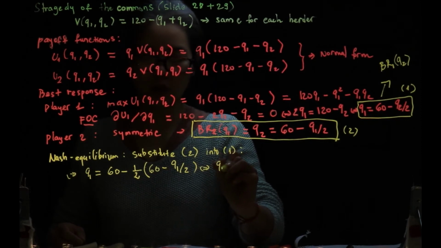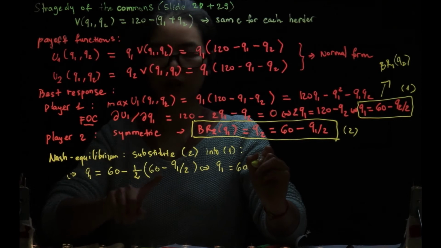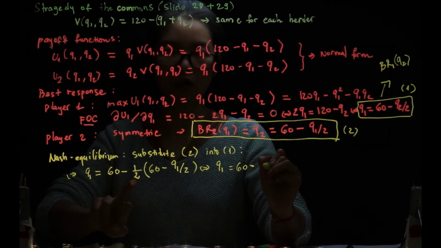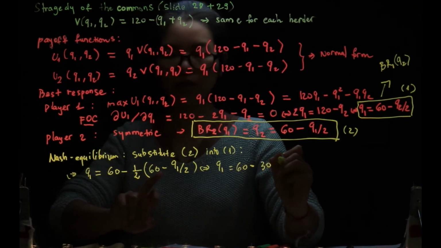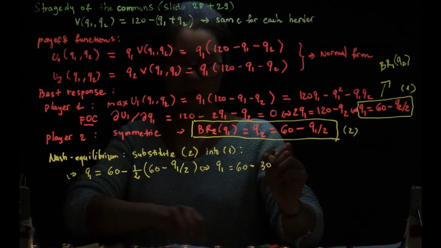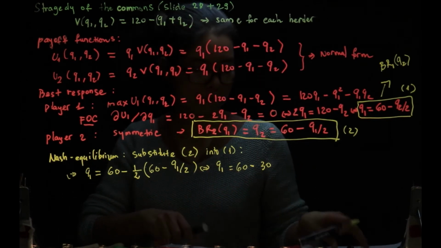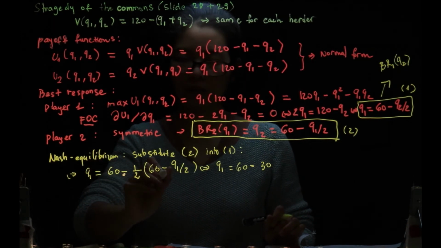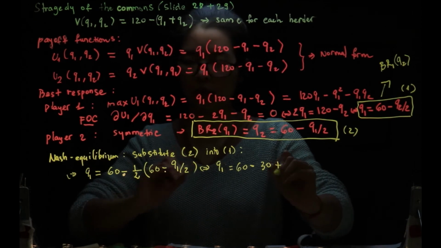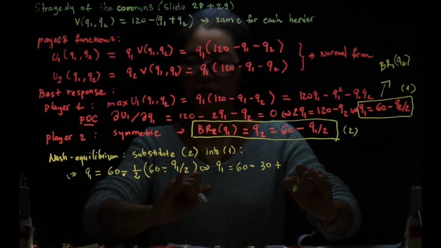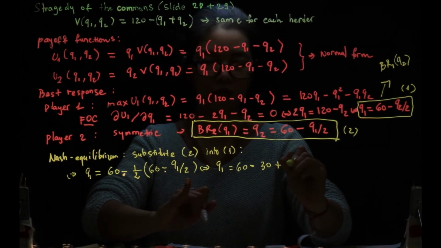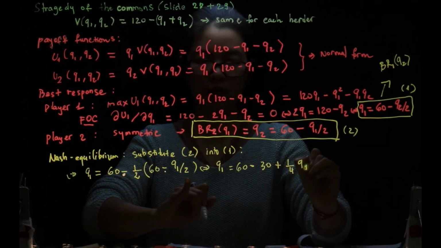And we write again q1 equals 60, now simplify everything, minus 60 times 1/2 is 30, right? And then minus, minus again, so plus 1/2 times q1 over 2, that is 1/4 q1.